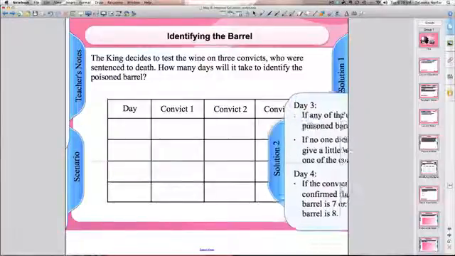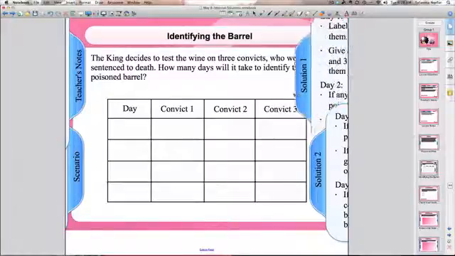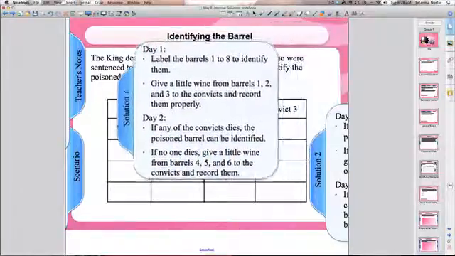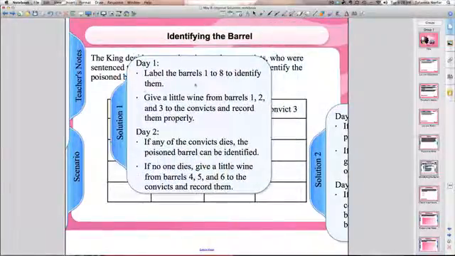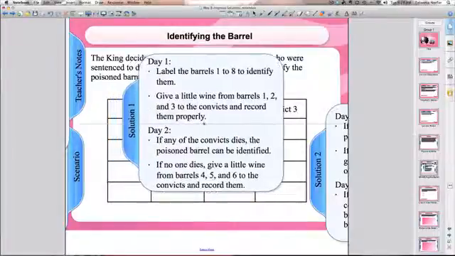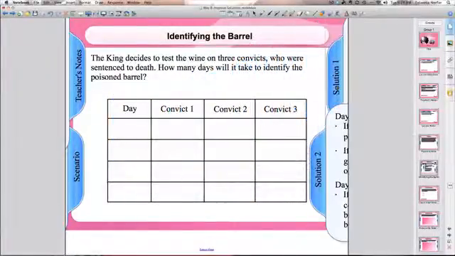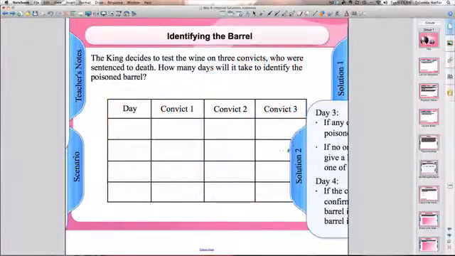Okay, let's look at solution 1. Again, pause the video and go ahead and read the screen together. Unpause the video when you're done and we'll look at solution 2. Okay, here's solution 2.